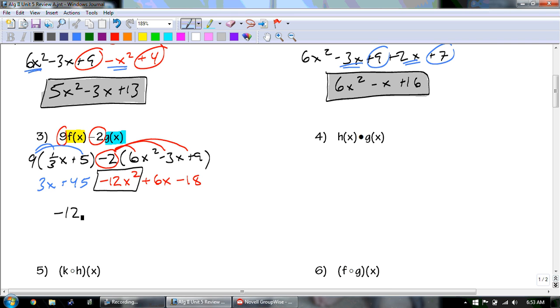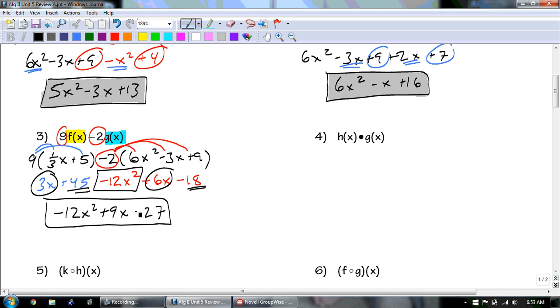There's only 1x squared, so negative 12x squared. I have 3x plus 6x, which is 9x. And then 45 minus 18 is 27. Positive 27. Almost missed that.